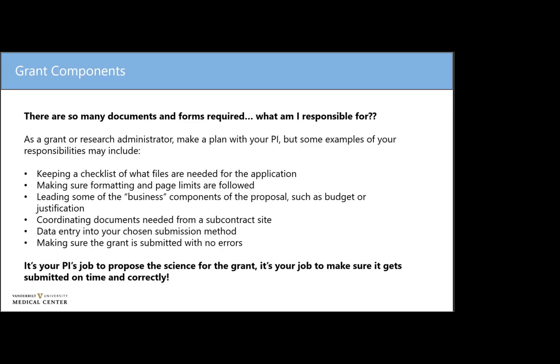So make a plan with your PI as to exactly what your responsibilities are, but some examples are keeping a checklist of what files are needed for the application, making sure that formatting and page limits are followed. You could also potentially lead some of the business components of the proposal, such as the budget or the justification. You could coordinate documents from a subcontract site.